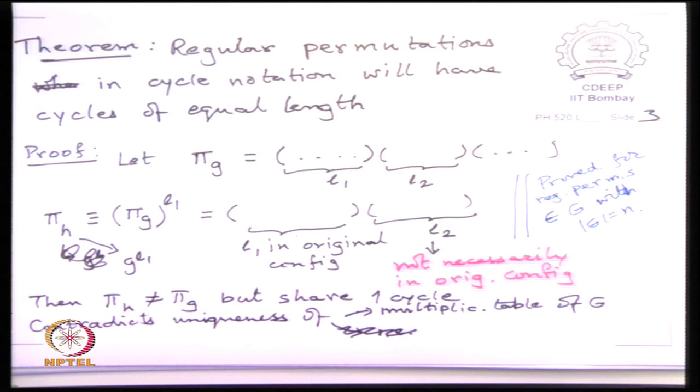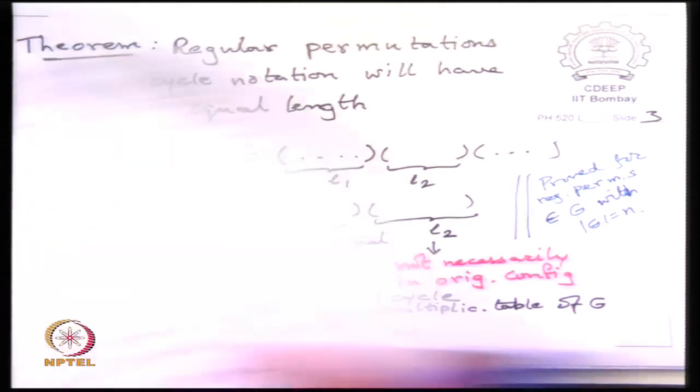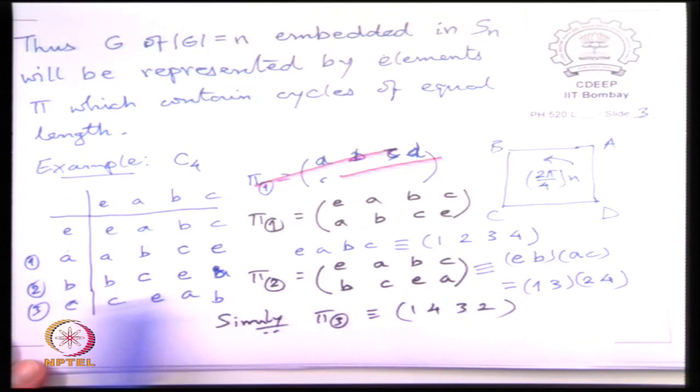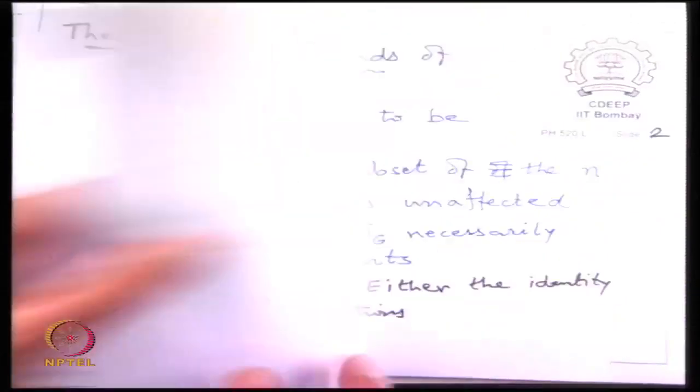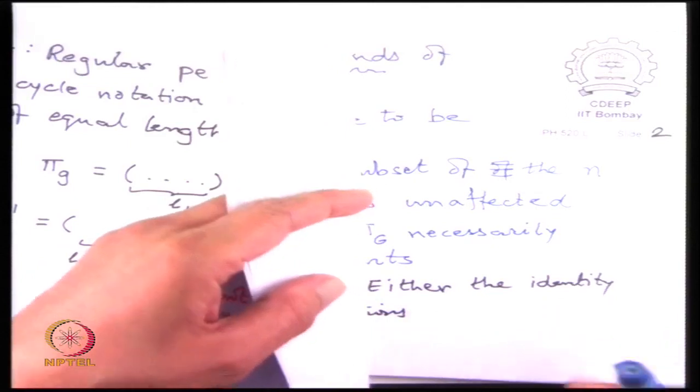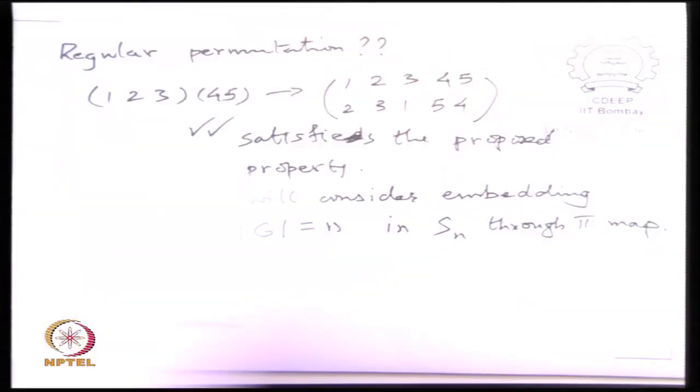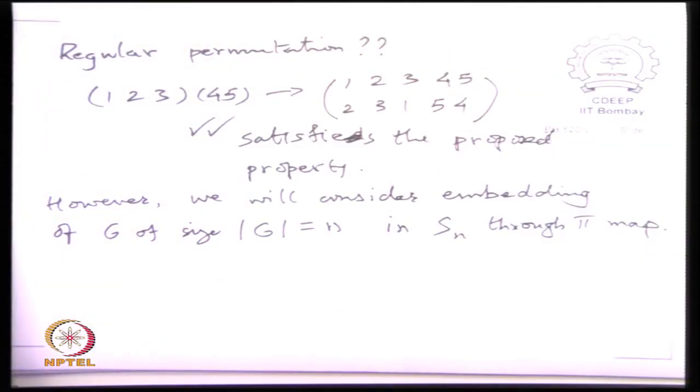Because if the set of these regular permutations have to become elements of G, then this multiplication table restriction is a powerful one, that each row has to be unique. So what will happen is that this particular thing that we checked will not represent any group element.